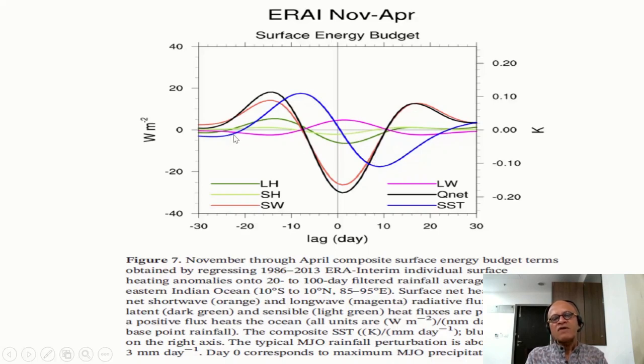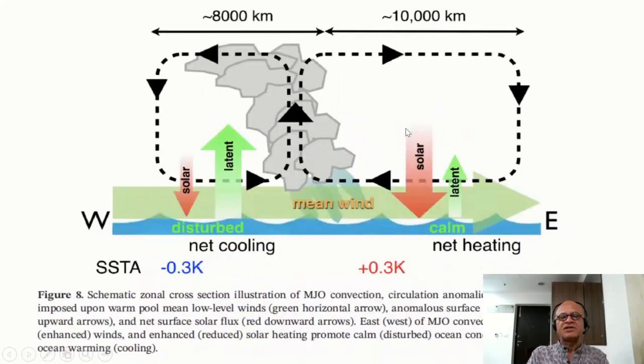There is the longwave, which is opposite of the shortwave, as you can expect, and latent heat flux is positive, so calmer winds, less heat loss, warming the sea surface temperature as well. So you can expect that looking at the shortwave and the net heat flux. And then latent heat flux goes negative, so the ocean is losing heat as the winds with the convection pick up, and then back, and so on.